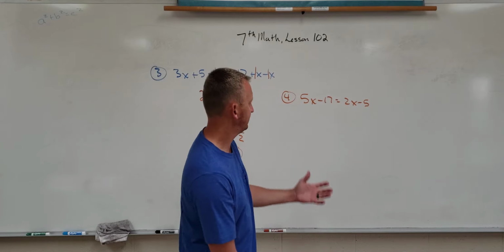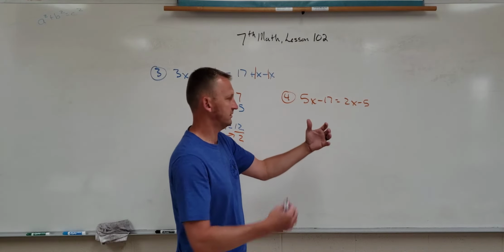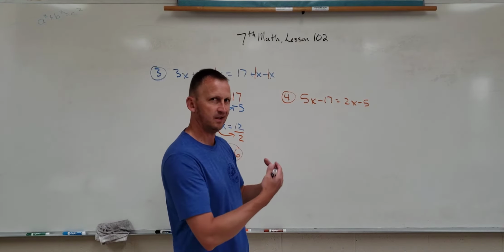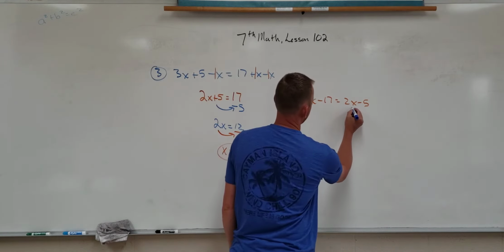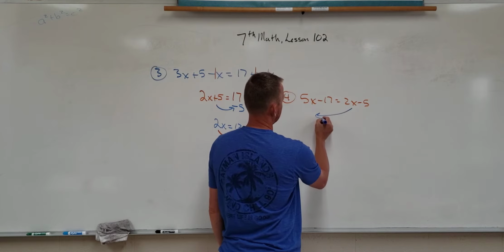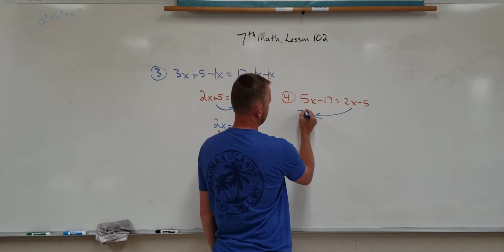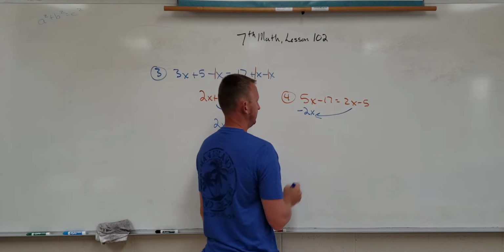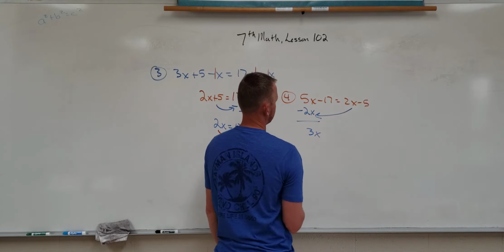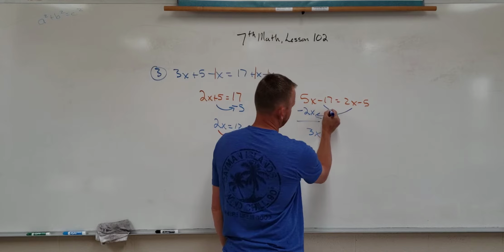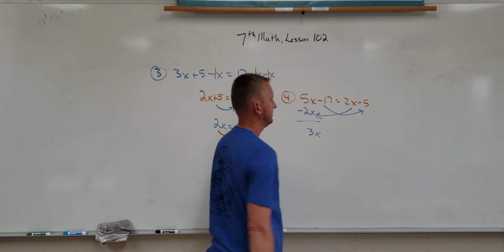So we need to get the variable, or the x, all on one side, and our numbers on the other. So I'm going to bring this 2x over here, and if it's positive here, I need to subtract it here. 5 minus 2, 3x.